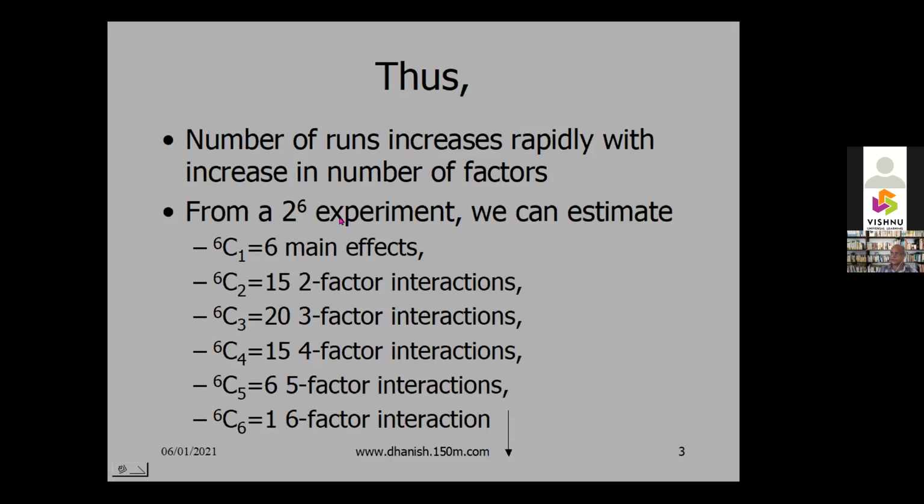If you do a full factorial experiment, we can calculate all these effects and interactions. So main effects and interaction effects, all these can be determined from a full factorial experiment. But usually these higher order interactions are not very common. A 6-factor interaction and all may not be very common.